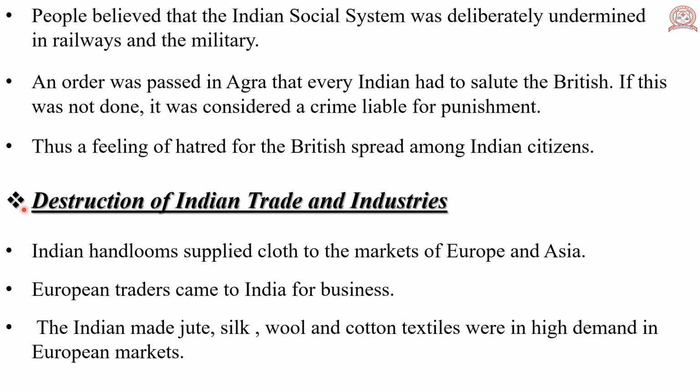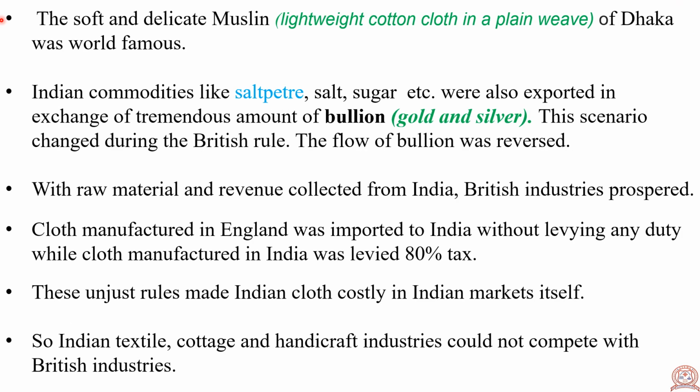Next, destruction of Indian trade and industries. Indian handlooms supplied cloth to the markets of Europe and Asia. European traders came to India for business. The Indian made jute, silk, wool, and cotton textiles were in high demand in European markets.